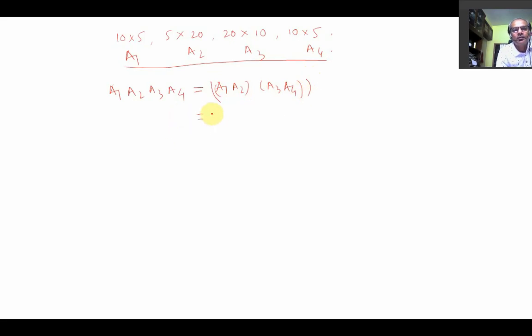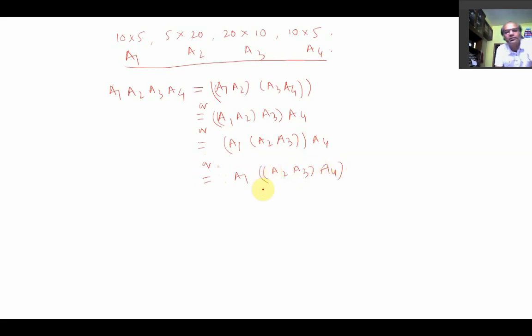Or other ways: A1 with A2, A3, A4 grouped in different orders, like this. So in several ways you can do this job.